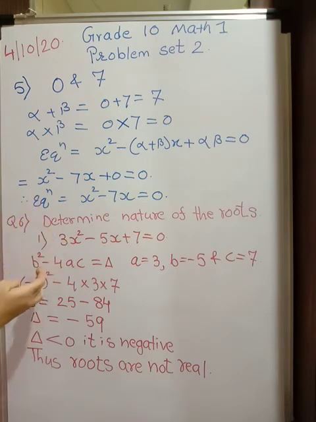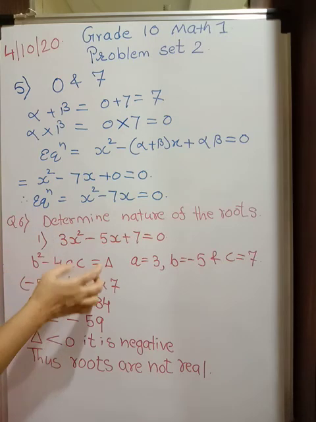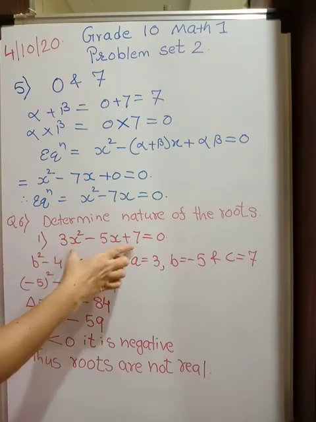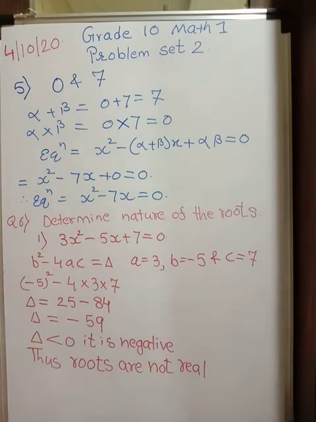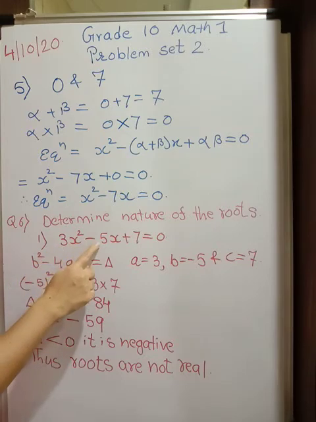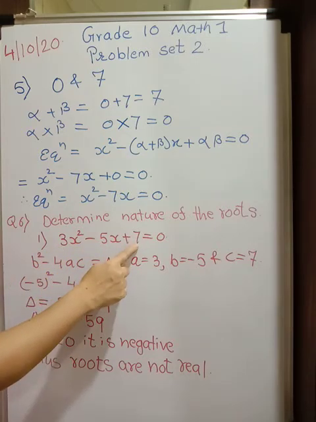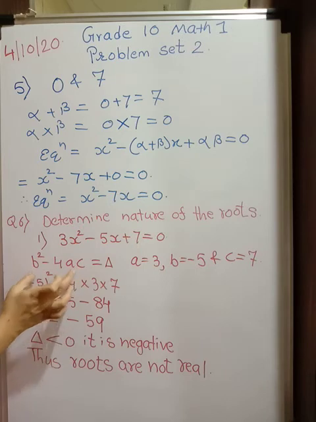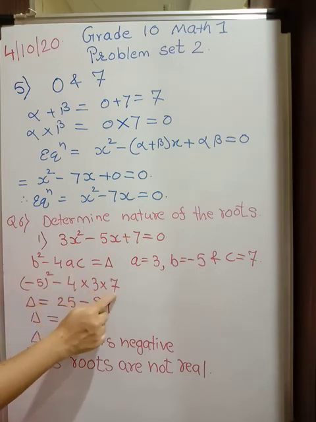So let's find the value of b square minus 4ac. Compare this equation with the standard equation ax square plus bx plus c is equal to 0. So a will be 3, b will be minus 5, c will be 7. Substitute in b square minus 4ac: minus 5 the whole square minus 4 into 3 into 7.